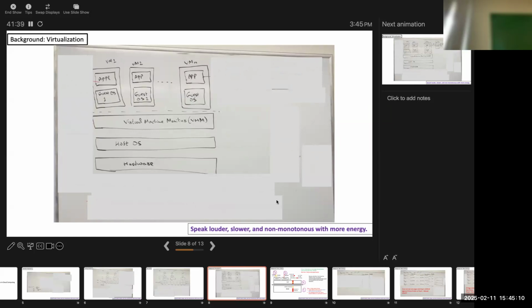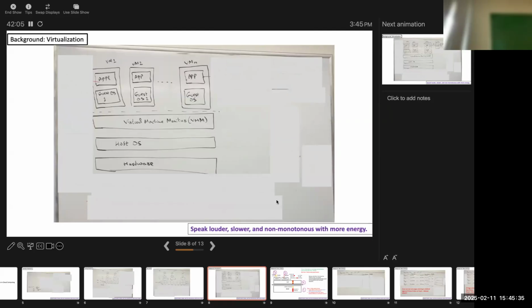Its main purpose is to create the illusion for the virtual machine, or any application running in it, that it is the only operating system running on this hardware, while the reality is that there are multiple operating systems running on the same underlying hardware.